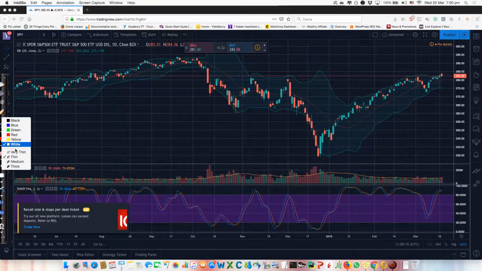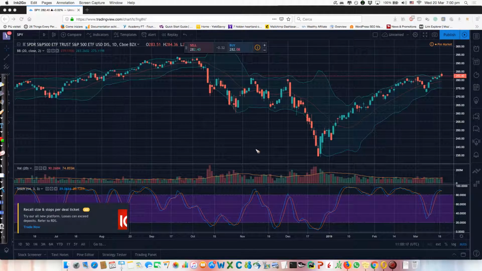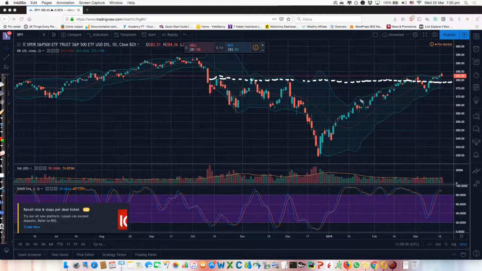Now, what was the second case? The second case is, for example, to use resistance. Now, you see here there is a pretty strong resistance around this 280. So what you may have done was, I buy here, okay, stop loss here, target is here. I put my target here, and is it enough?